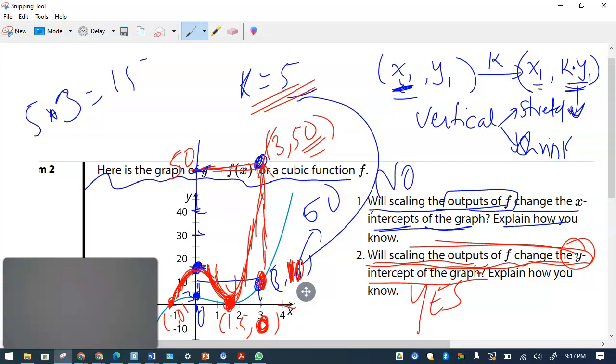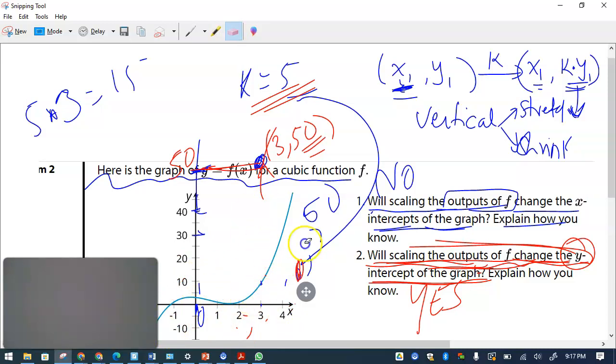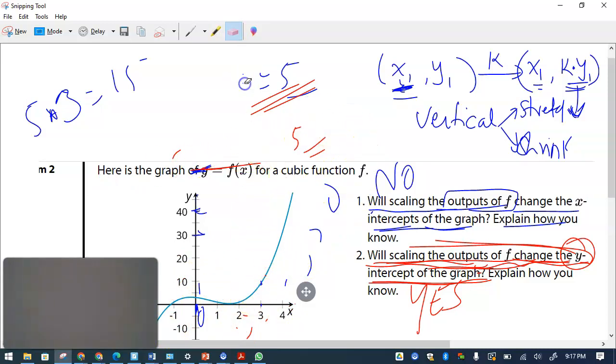Sorry, will scaling the output of f change the y-intercept of the graph? Yeah, so look at this point, this is the y-intercept. Sorry, not that one. Let me do one more time. What I'm saying is, this is 3.